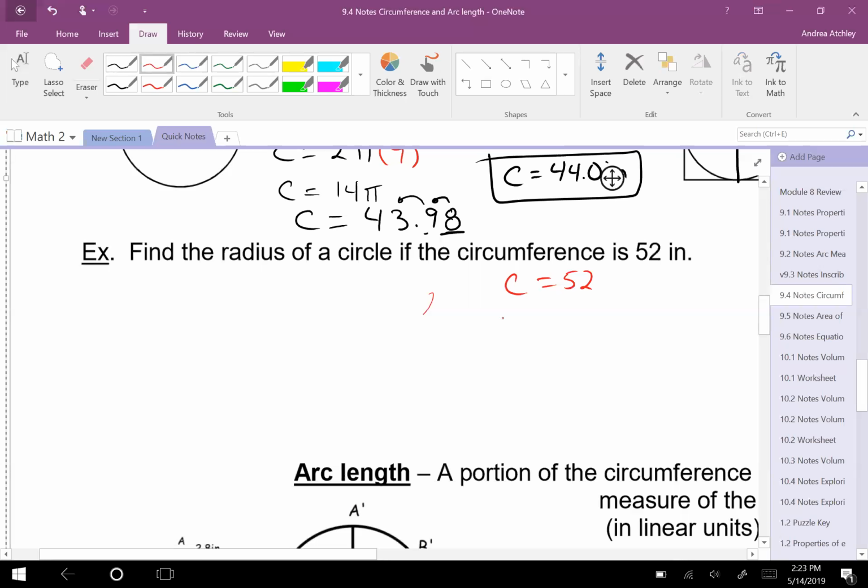We're going to use our formula, circumference equals 2 pi r, because they're asking you to find the radius. So we have 52 equals 2 pi r. You have to divide everything by 2 pi.